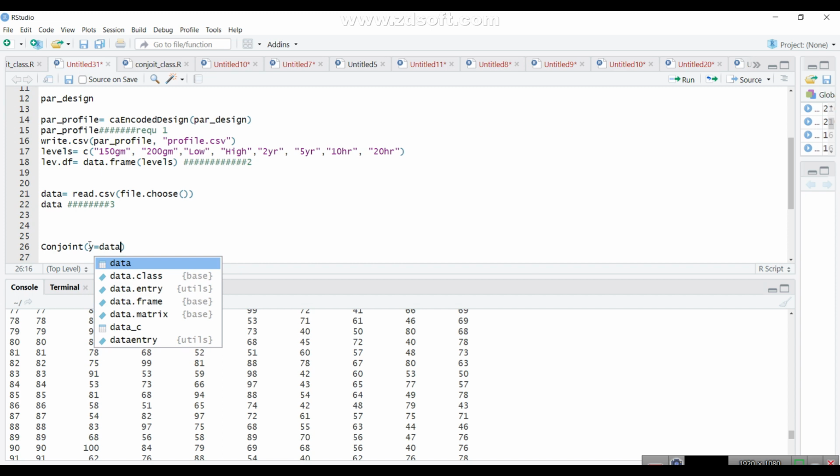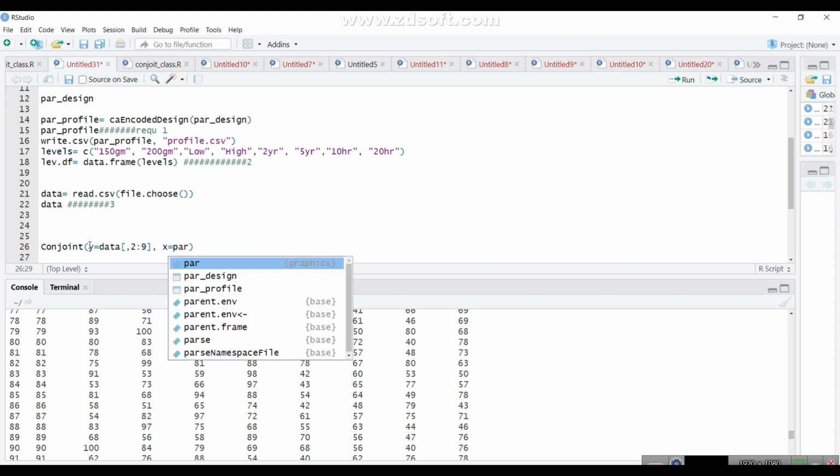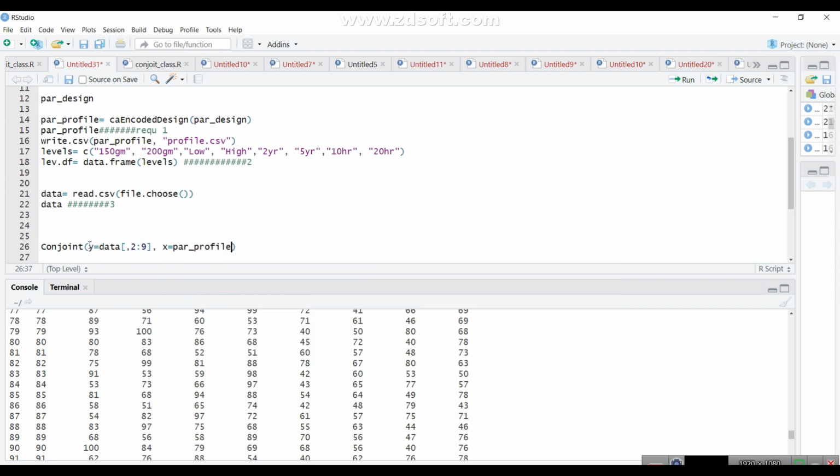I need all the rows of my data, and my data starts from the second column till the ninth column. This is my y. Now x is my profiles, the partial profiles, so par profile, and I need all the rows.